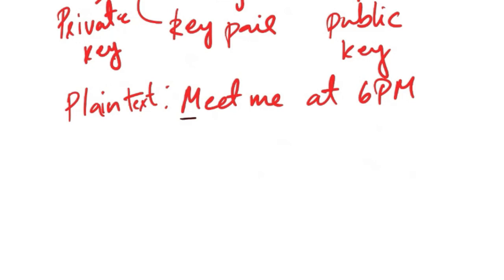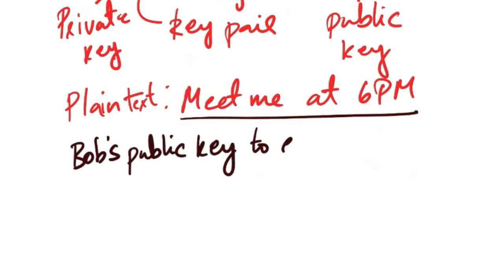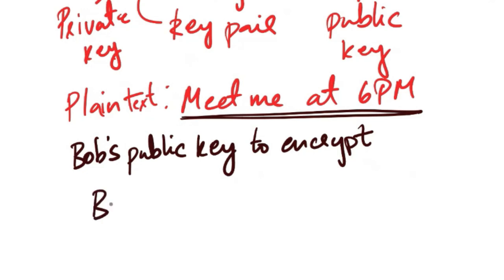For encryption, Alice uses Bob's public key to encrypt this message. She applies the encryption algorithm to the plain text message, that is meet me at 6 p.m., and Bob's public key, resulting in ciphertext. Now Bob receives that ciphertext.